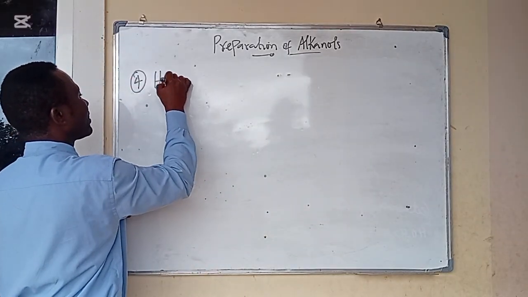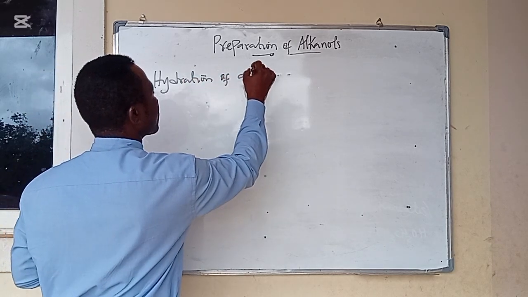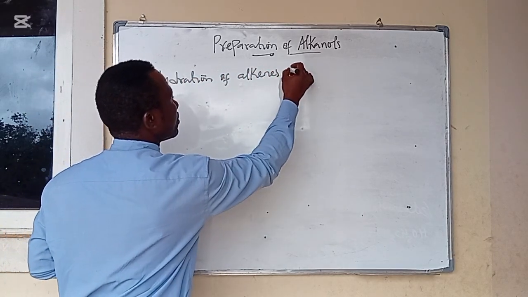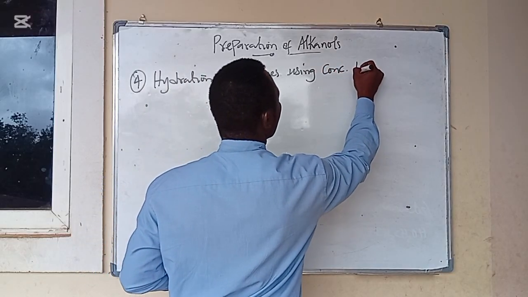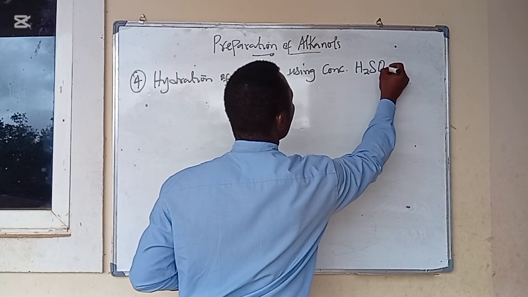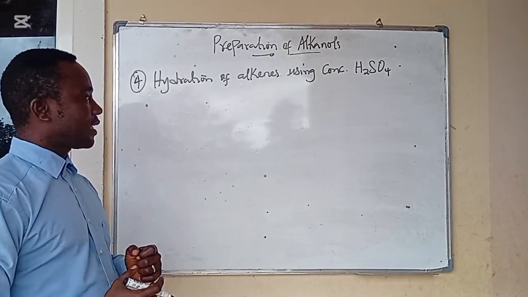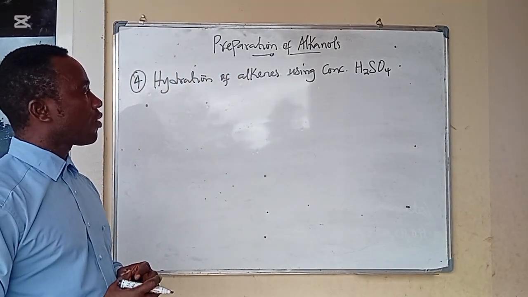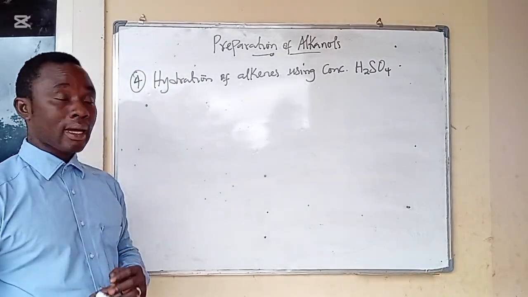So the 4th method by which we can prepare alkanols is hydration of alkenes using conc H2SO4. That is conc tetraoxosulfate 6 acid will give us alkanol.